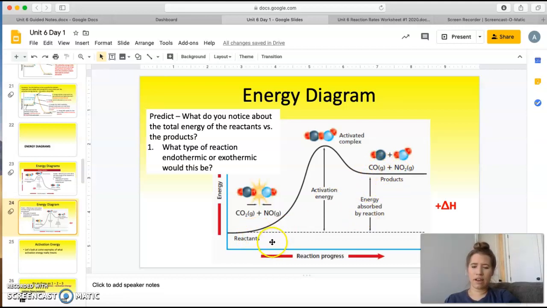So if we use our 5 and our 10 again, if we end with 10 and we started with 5, then final minus initial, final being 10, minus initial, which is 5, we'd have a positive 5. So that means in this situation, with this energy diagram, we had to absorb 5 joules of energy. So if we're absorbing energy, that means that it's endothermic. We brought in energy.